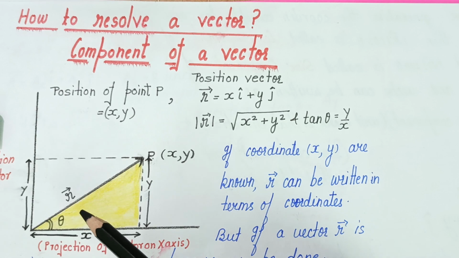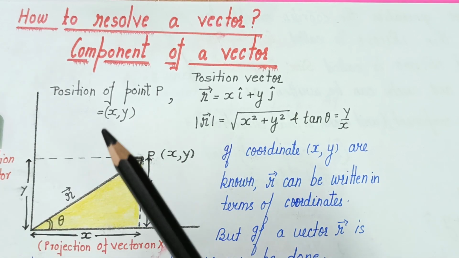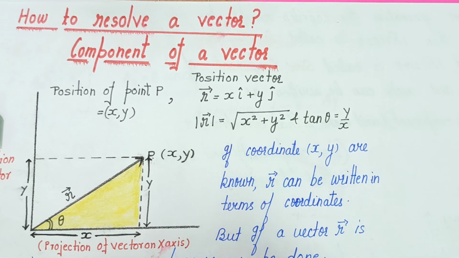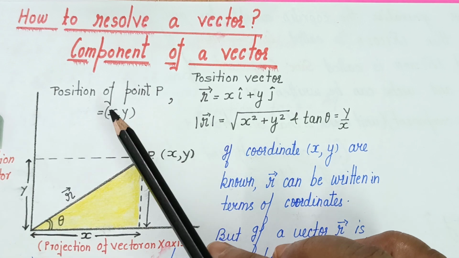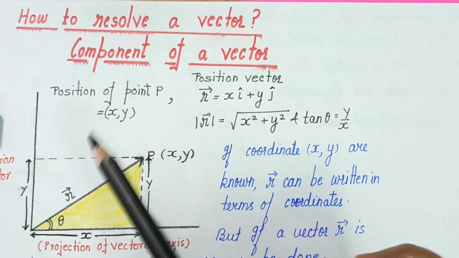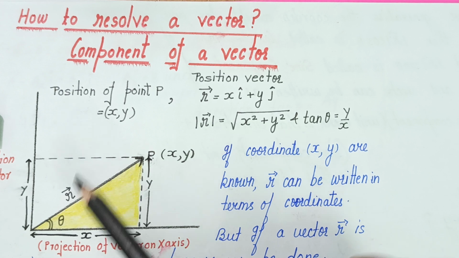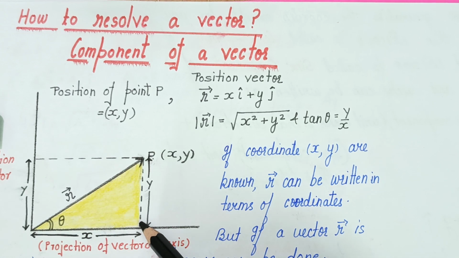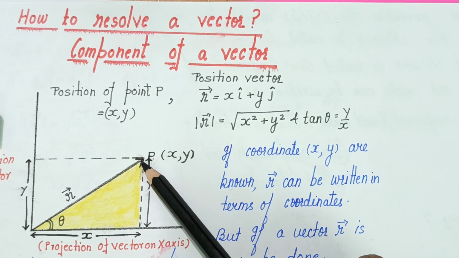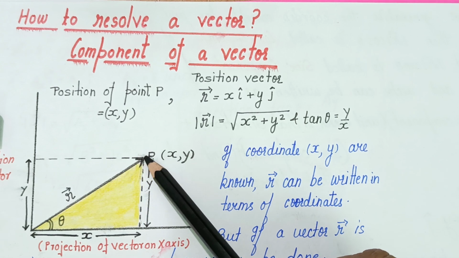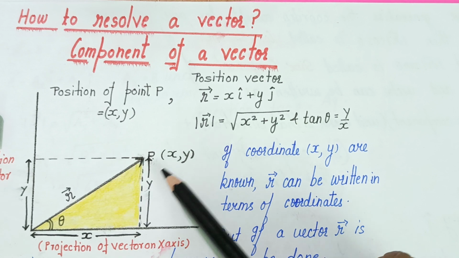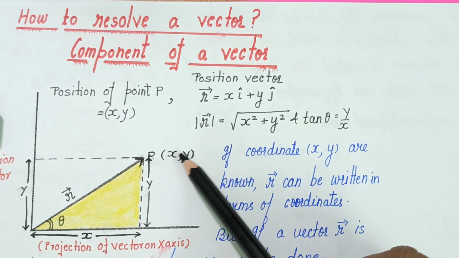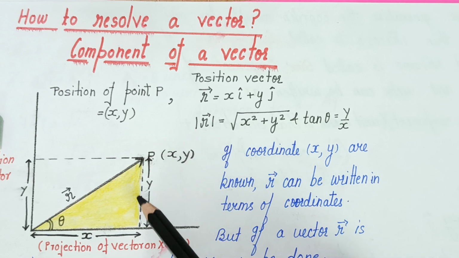Now let me come to that vector which we discussed in the previous classes. Do you remember we discussed position vector? I told you that if I start moving from origin, I move x unit along x-axis, then I move y unit along y-axis, and then I reach a point P. Then you know that my coordinate of the position will be x and y.